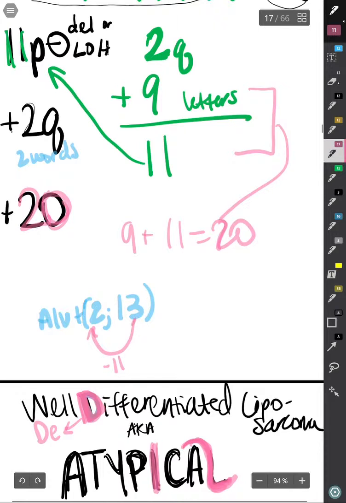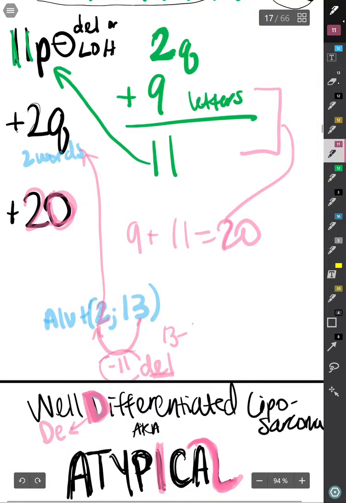So if you go 13 minus 11, you get 2. And again, with the 2, it kind of goes up here as well. And this is the minus 11 part of it, is how I like to remember that it's the deletion of your 11. And then it's an addition. So in order to get to 13, it's 11 plus 2. So that's how I remember it's an 11p.